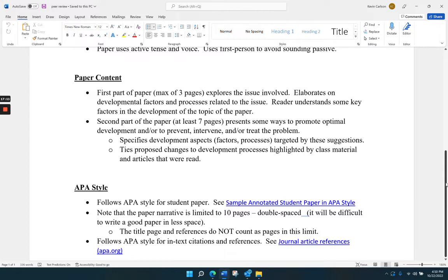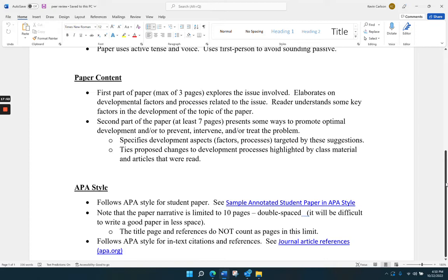If you write less than 10 pages, I don't think you're probably doing it as well as you could have done, in terms of either comprehensiveness, so looking at a number of factors, or in terms of depth, in terms of explaining why this issue develops this way, and why your ideas for optimal development or treatment, prevention or intervention about a problem maybe are not as well discussed as they could have been. So it probably will take you 10 pages pretty much to do this paper well.